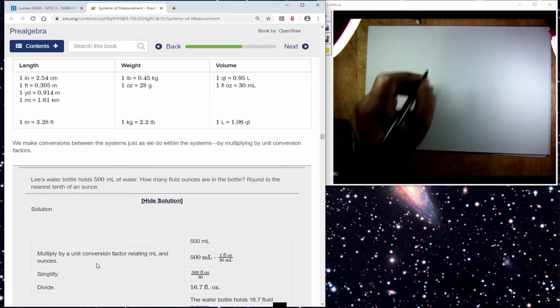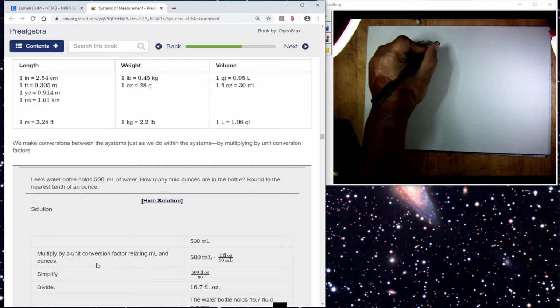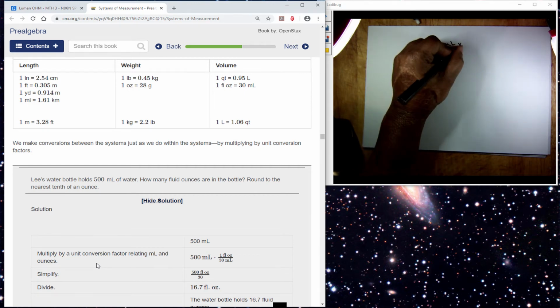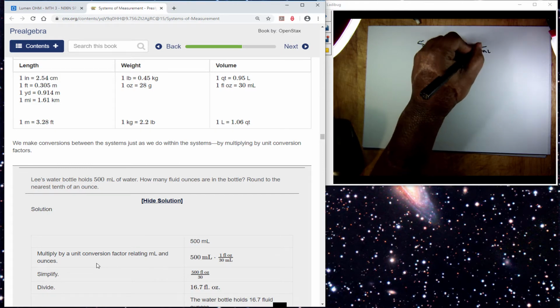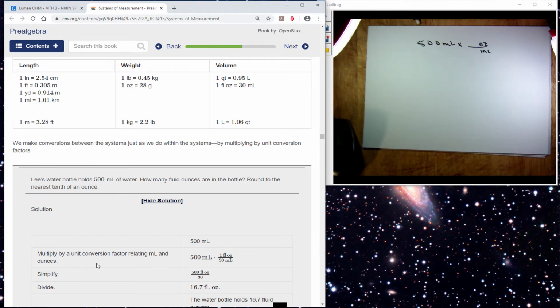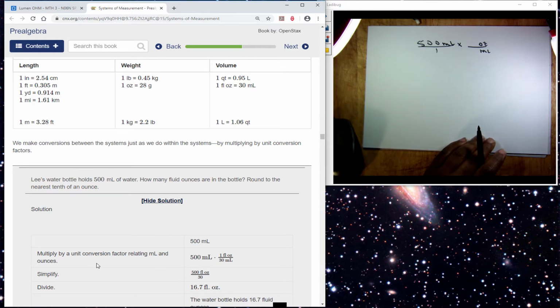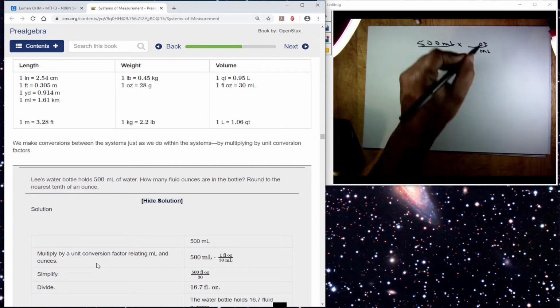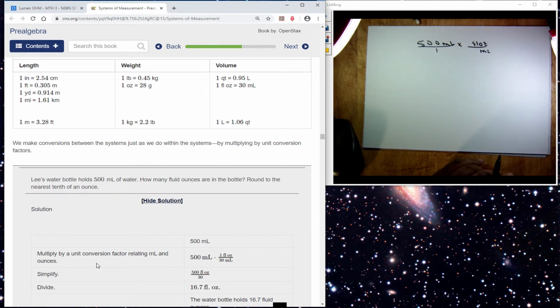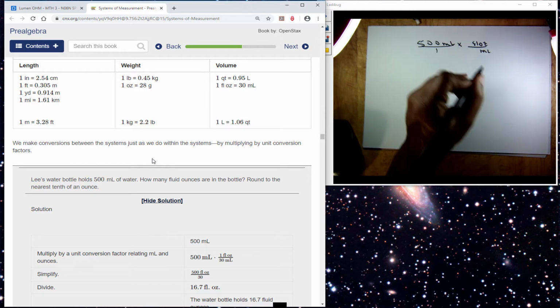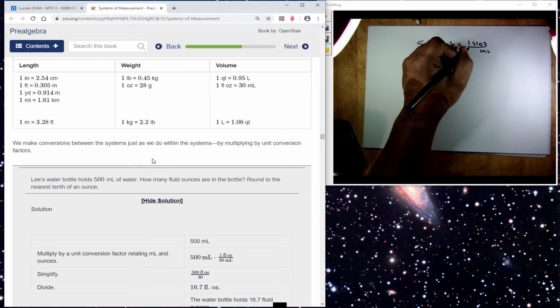So we have 500 milliliters. We want to get rid of milliliters and replace it with ounces, same way as before. Looking at the relationship between ounces and milliliters, 1 fluid ounce is 30 milliliters.